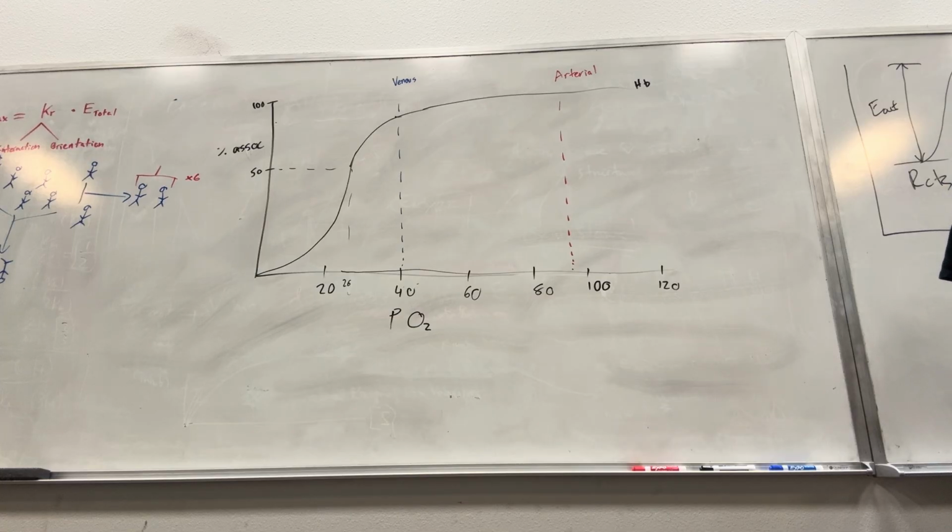Cool. Any questions so far? Alrighty. If I were to say what dictates what, the partial pressure or the percent association, you would all say the partial pressure. All right, awesome, good job.